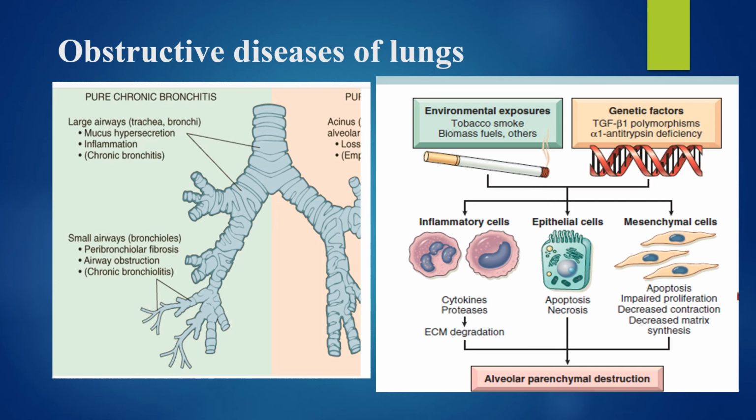Moreover, if there is a lack of antiproteases, for example, alpha-1 antitrypsin, the proteases are not neutralized. They cause the destruction of the wall of the alveoli. Therefore, people with a hereditary defect in alpha-1 antitrypsin synthesis are prone to emphysema.